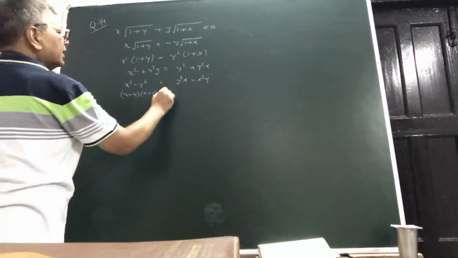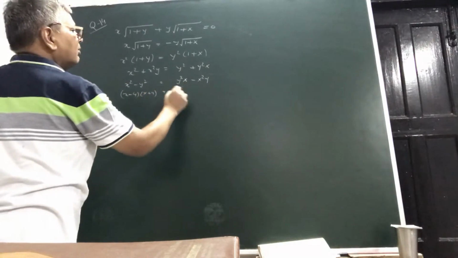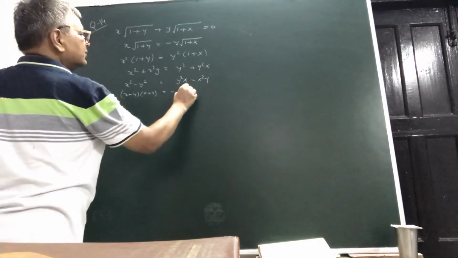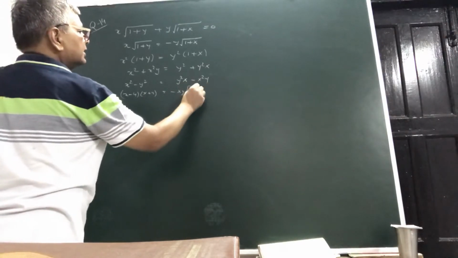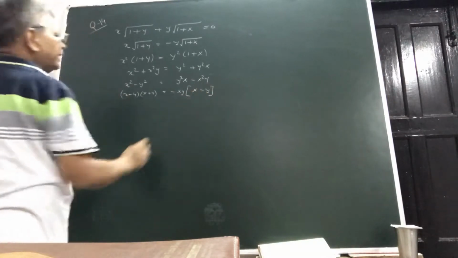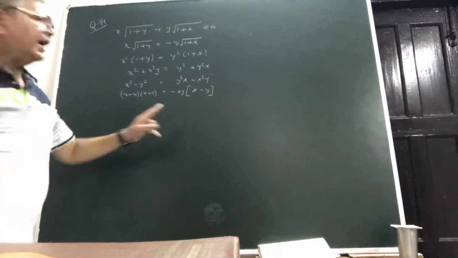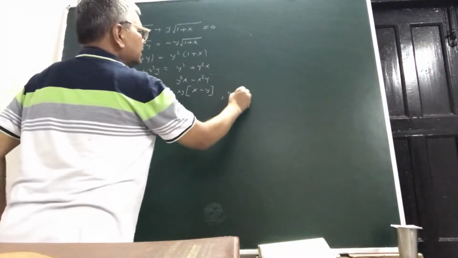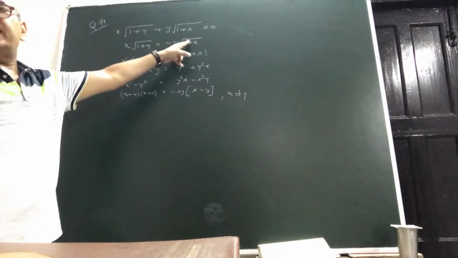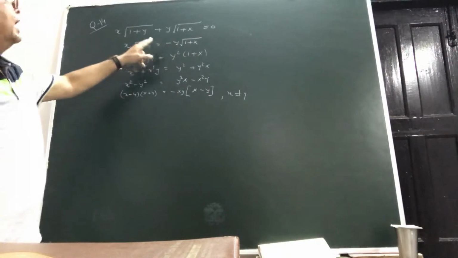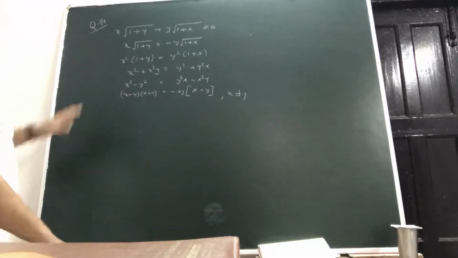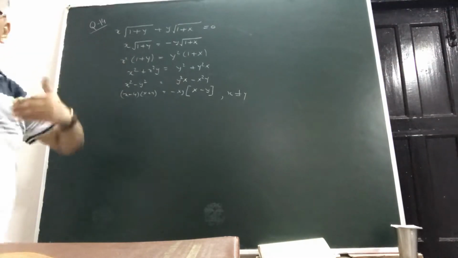Now you take the minus sign common here, and not only that, you take xy common. So from here you will get x, and from here you will get minus y. Now see, x is not equal to y, because if x would have been equal to y, then this equation would have been entirely different, and there was hardly any need of y being expressed in terms of x, because it is an implicit function and you have to find the derivative.